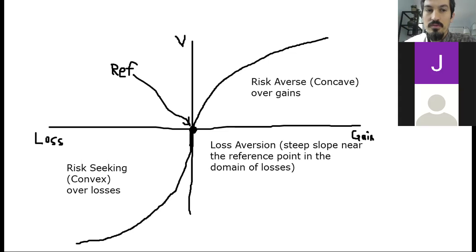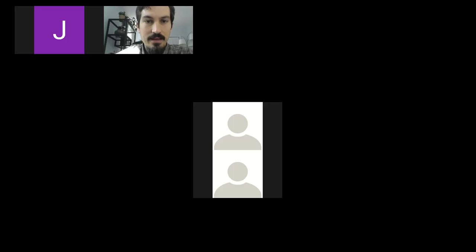What does this have to do with prospect theory? It's that eventually your reference point does change. Something that you thought of previously as a big gain, like this brand new fancy car that you're driving, eventually that becomes neutral. That becomes your status quo.